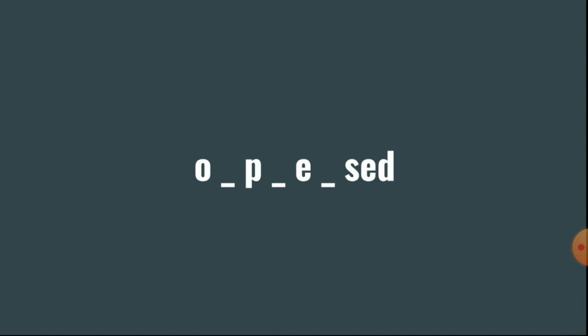Here, I have written some words with blanks in them. Some letters are missing. Now you have to fill in the letters from your mind, recalling which word we have studied just now. Look at the first word. O blank P blank E blank SED. Guess the word, which word can it be?